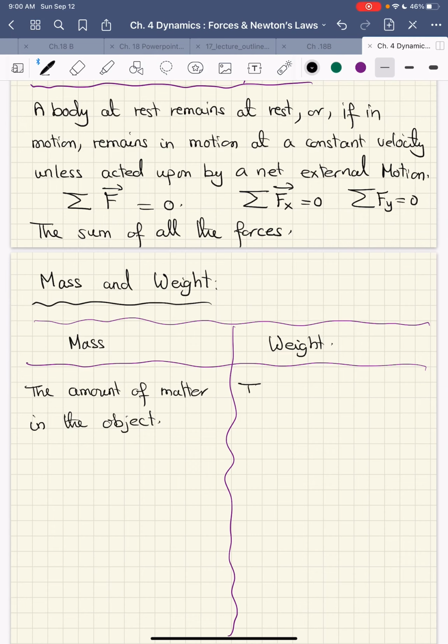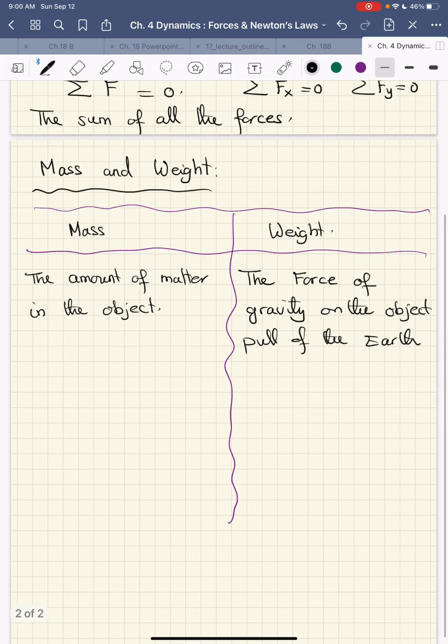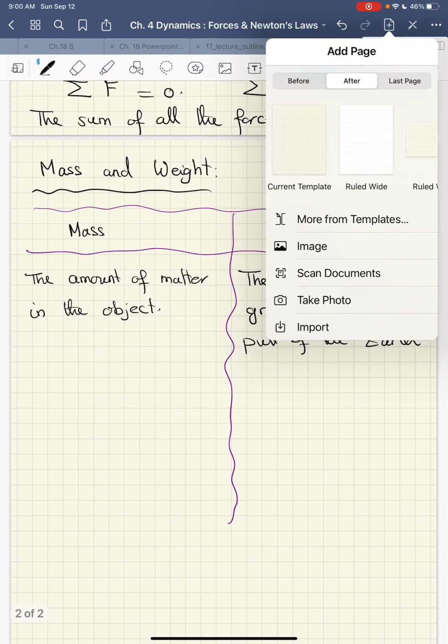Now the weight has to do with the force of gravity on the object, or we can say the pull of the earth. Mainly we are talking about our earth as our frame of reference.